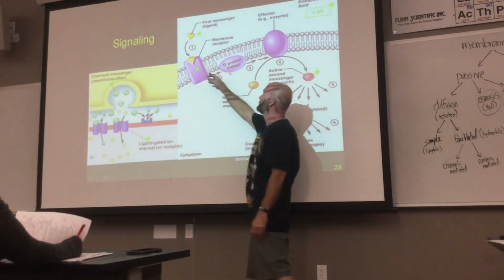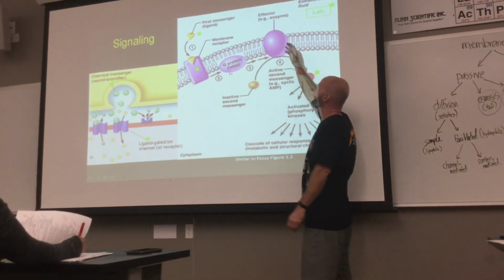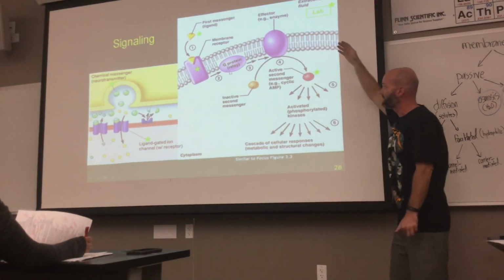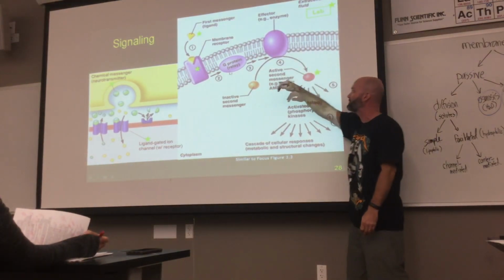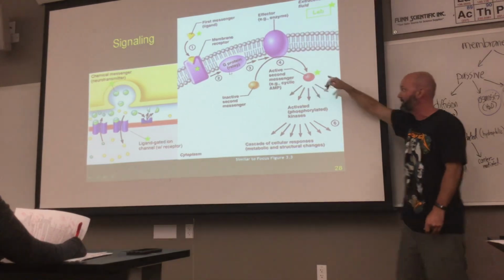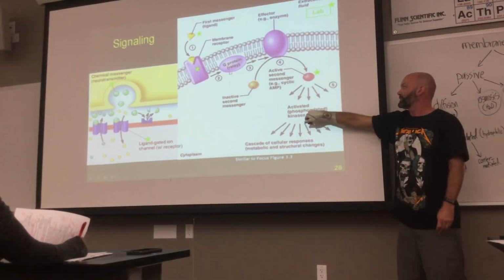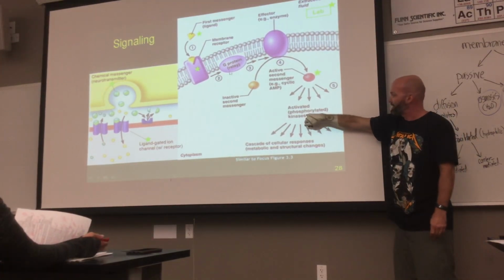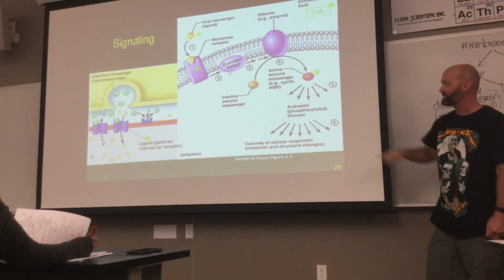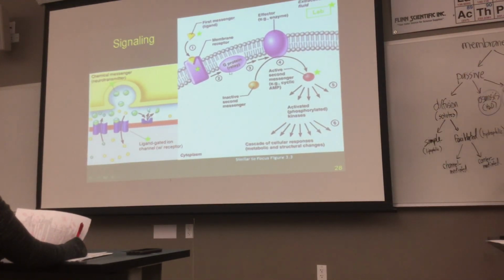So binding to the receptor activates a G protein, which switches on an enzyme called adenylate cyclase, which takes ATP and converts it into cyclic AMP, which reaches kinases and switches them on. Those kinases then phosphorylate proteins in the cell. The proteins that get phosphorylated produce the cellular response, whatever it happens to be.